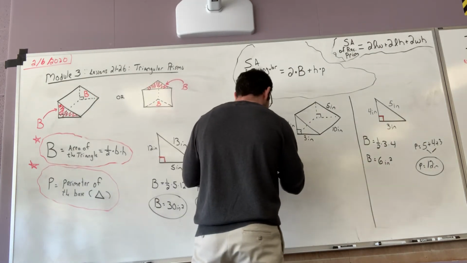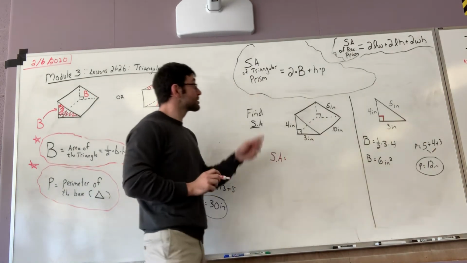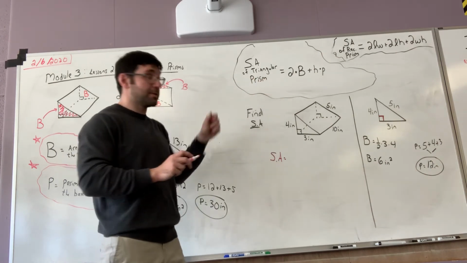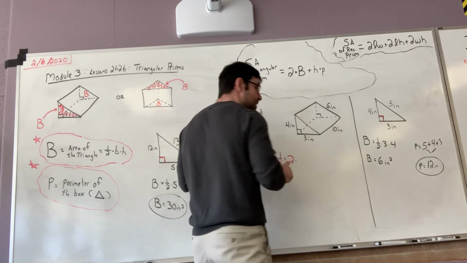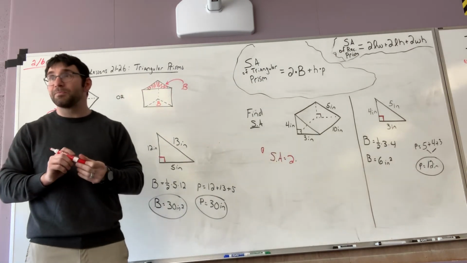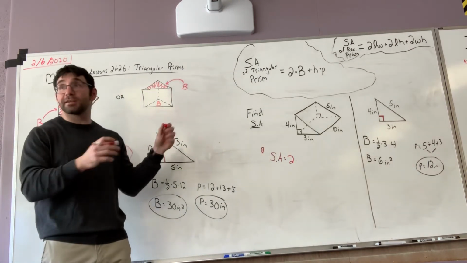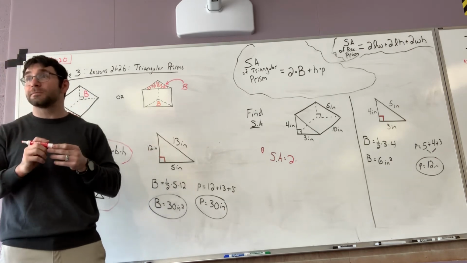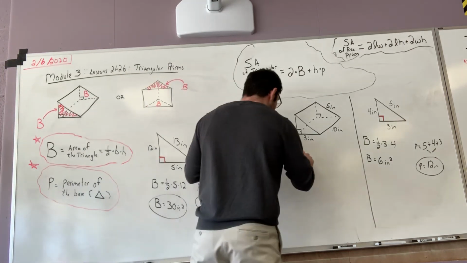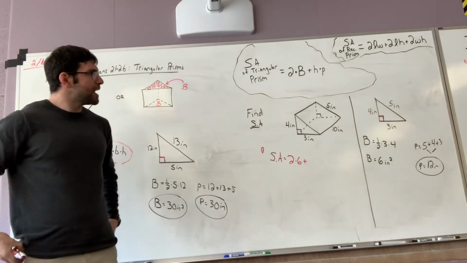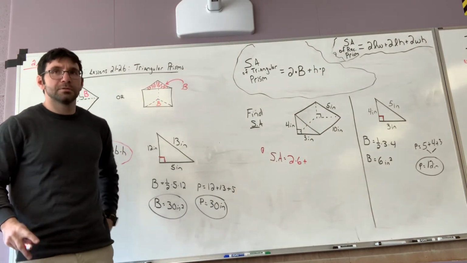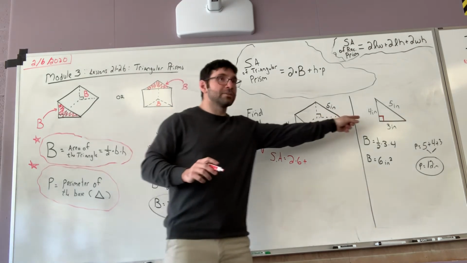So surface area is 2 times big B. So this is still your first step. You're going to substitute in 2 times. What is big B? Everybody should be able to look at this and say, big B is, Colin. Yeah, 6 inches squared, so 2 times 6 plus. Well, now this is the only tricky part. H is not the height of the triangle.